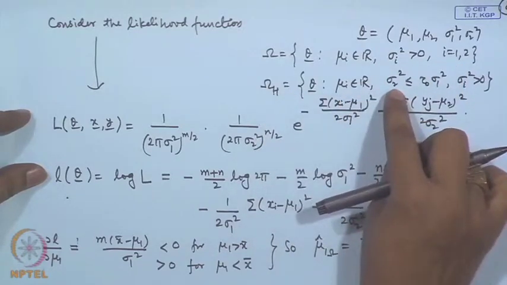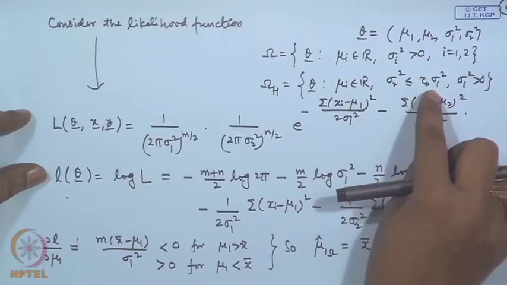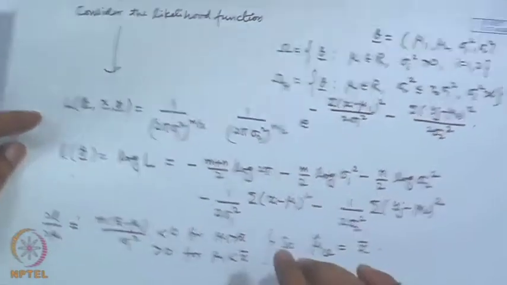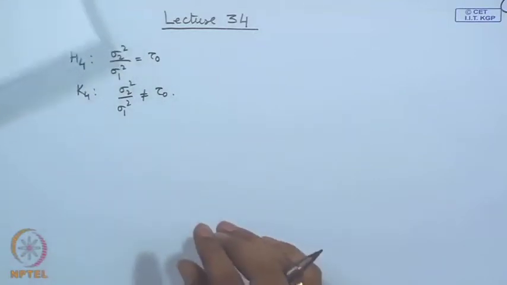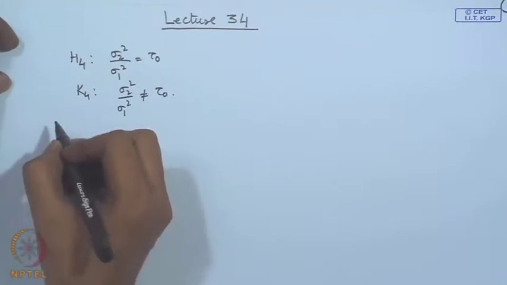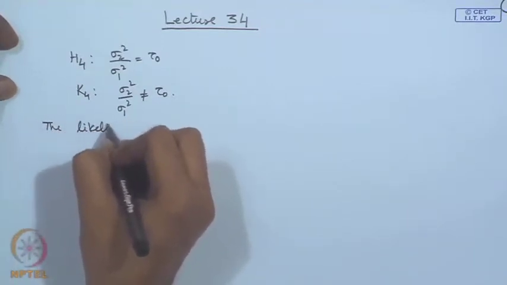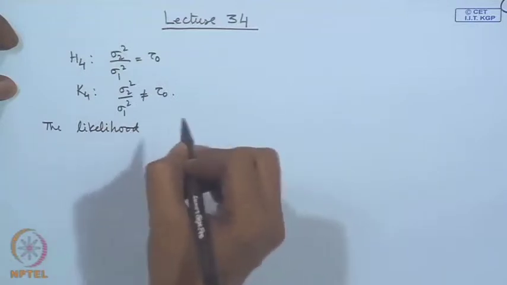Now, in this case omega h was sigma 2 square less than or equal to tau naught sigma 1 square. Now, in this new case, let me repeat it here, the likelihood function and the log likelihood function which we need to write.